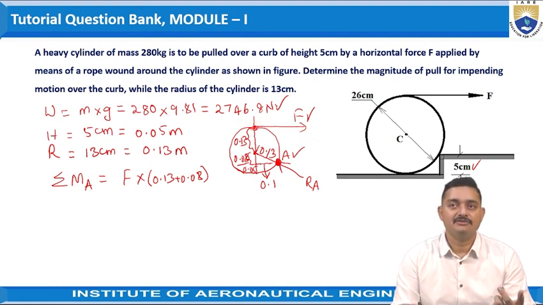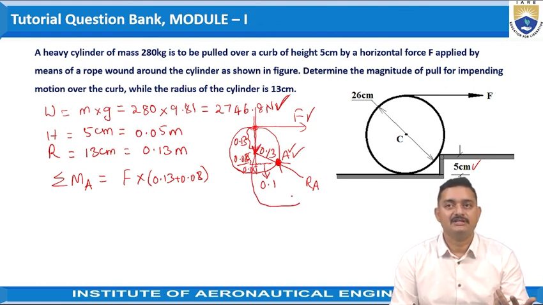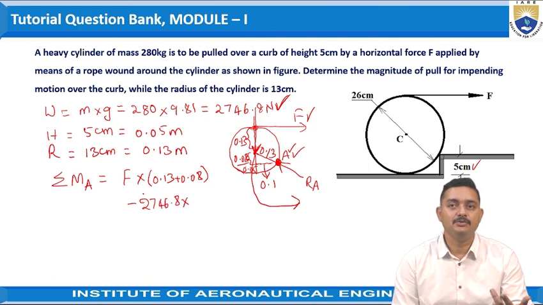Now coming to the second force, that is the weight, 2746.8 newtons. With respect to point A, this weight force is acting in the anti-clockwise direction. Hence this would be a negative moment, so we take minus 2746.8 into the perpendicular distance of this force from point A, which is 0.1.